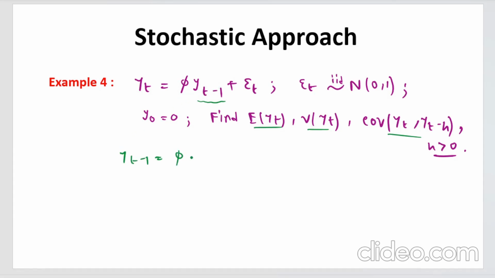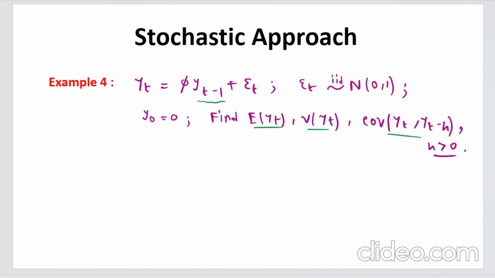Yt minus 1 will be phi yt minus 2 plus epsilon t minus 1. So in every yt term you have this recurrence relation. If you find yt minus 2, you will have this kind of recurrence relation and so on and so forth.